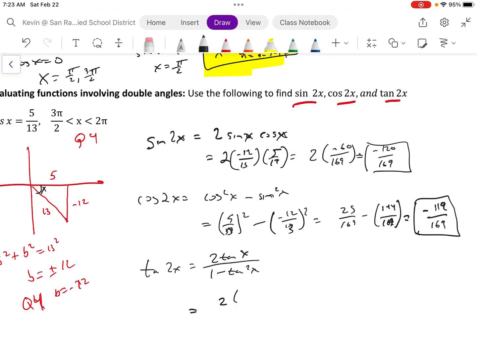Tangent of x is negative 12 over 5, and this is going to be 1 minus negative 12 over 5 squared, which is 1 minus 144 over 25.